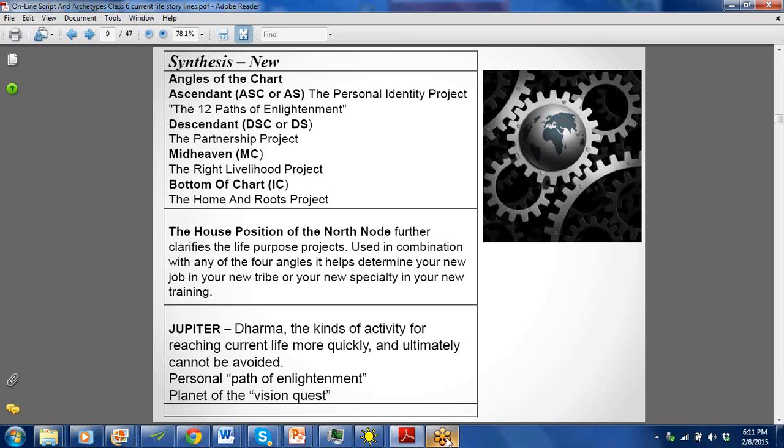And that brings up another factor, which would be, what if there aren't any planets near the nodes? There's nothing negative about it at all. It would be kind of like the person who's writing a novel.